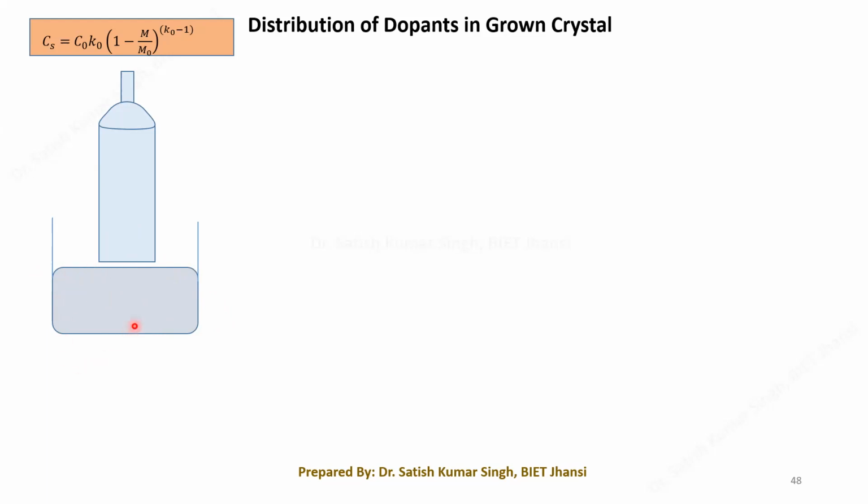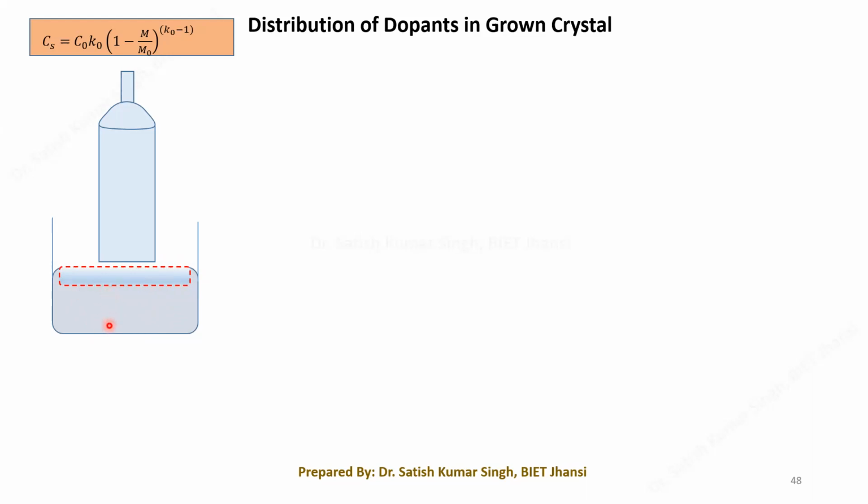What we had initially considered is that Cl is throughout the crucible, but this is not the actual case, okay. The case is that this top layer of the melt has more dopant concentration than the bottom layers. The bottom layers cannot have the same concentration, and the bottom layer has a uniform doping concentration.